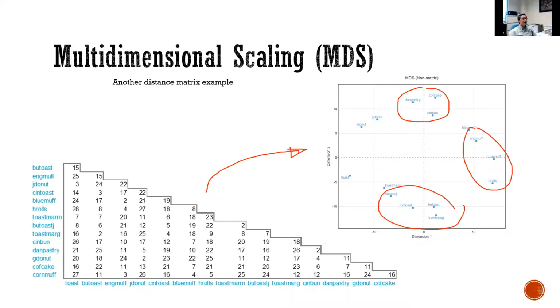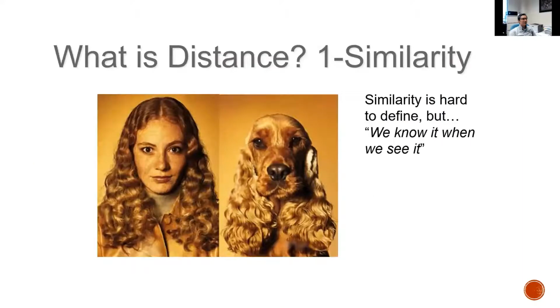Okay, you may ask, how can we compute the distance for given cells and their gene expression profiles? It turns out that this is a more complicated problem than you think. When you compute the distance, we can define the similarity between objects. Then you want to use 1 minus the similarity to get distance.